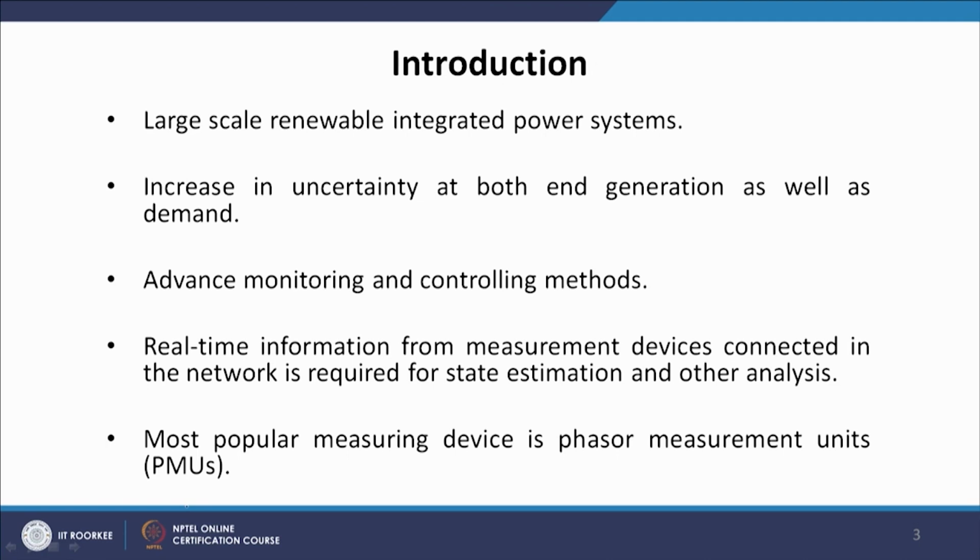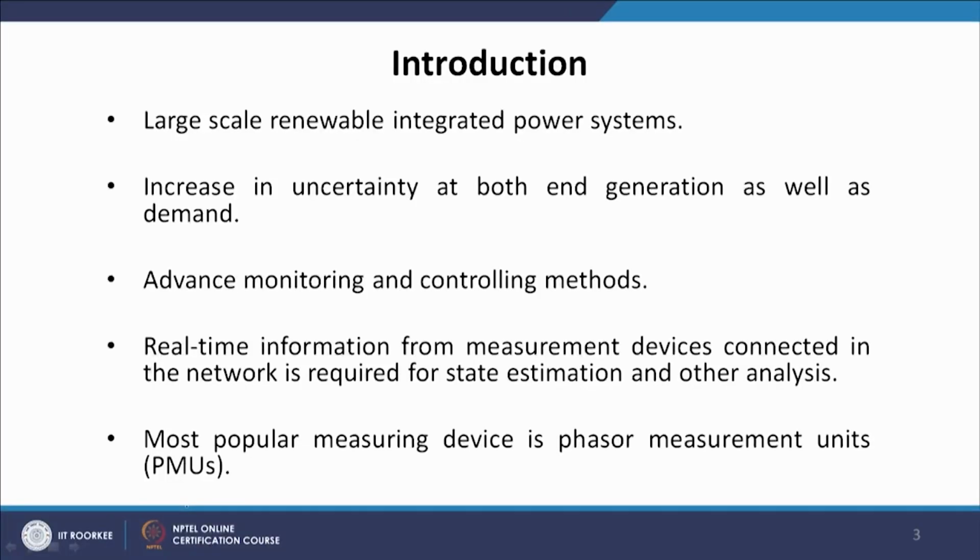Hence it is important for me to monitor and control the system at challenging times of intermittent generation or load variations. So, to balance the load and generation, we need to carry out real time data analysis.